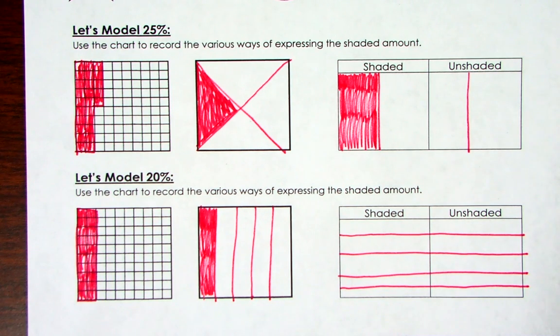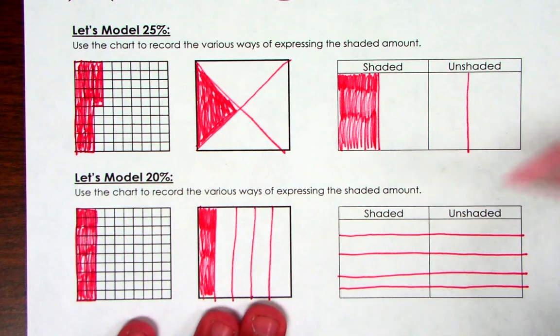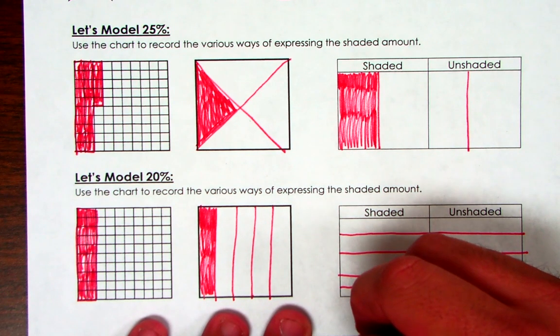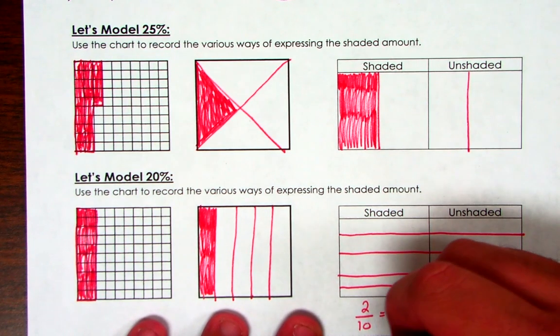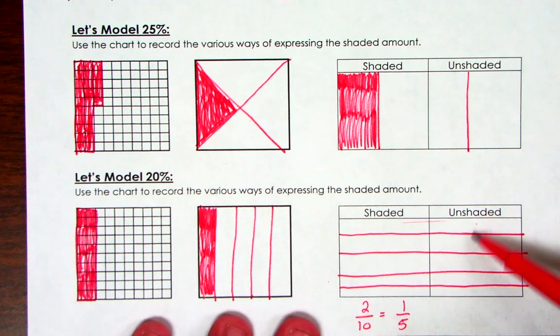1/5. We're all like, well, Mr. Noland, if you do this, there's 1, 2, 3, 4, 5, 6, 7, 8, 9, 10. There's 10 sections here. Well, can't you tell me 2/10 is equivalent to 1/5? Aren't those exactly the same thing? Well, yeah, they are. So I will accept either one of these answers. You can shade all the way across one time, and that'll be one of the 5 full sections.